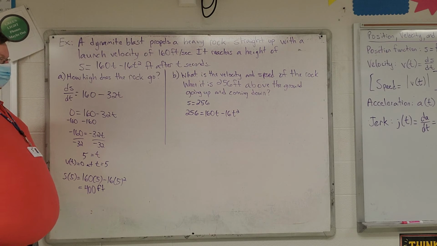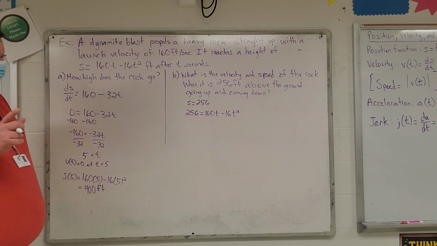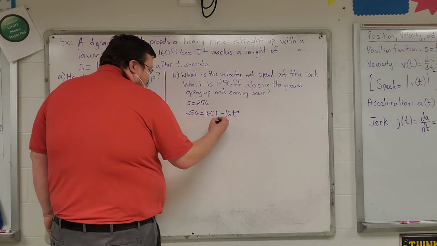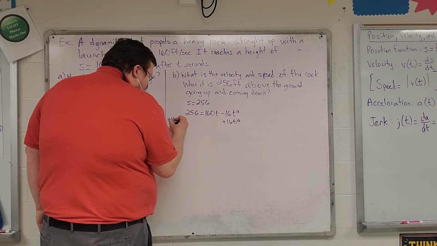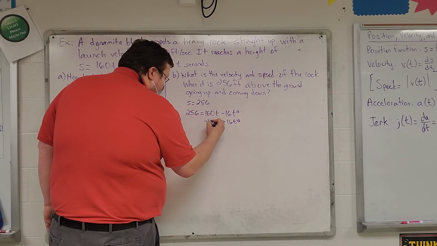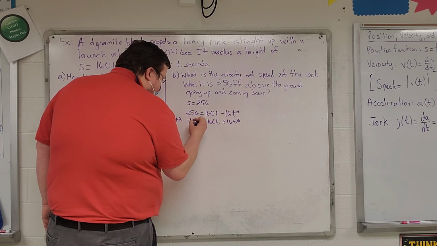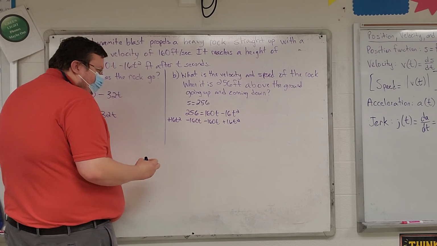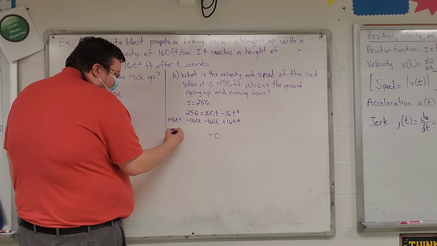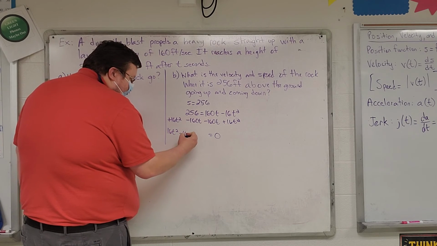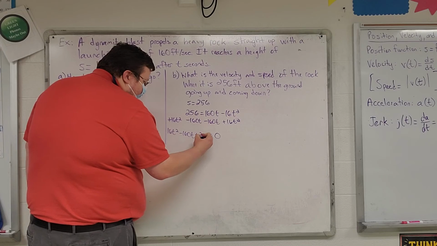How are we going to solve that? Well, we can move everything to one side to start with. Move everything to one side, have it all equal to 0. So that's going to be 16t squared minus 160t plus 256.